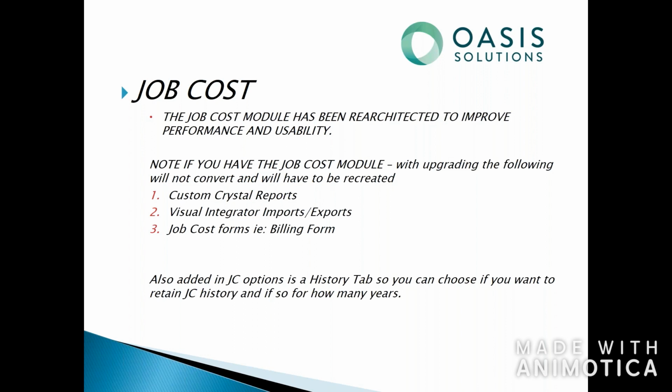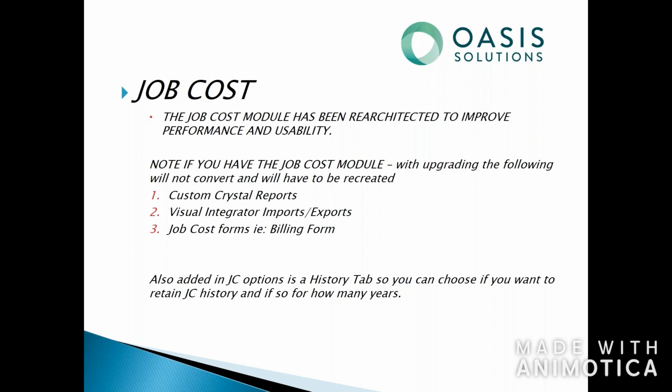It started in version 4.0 with the general ledger, and then as it progressed, there were changes in accounts payable, accounts receivable, and so forth. Two of the main modules that had not changed are the Job Cost module and the Payroll module. Both of those have been brought into the new architecture in version 2018.